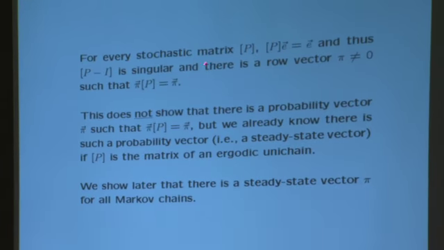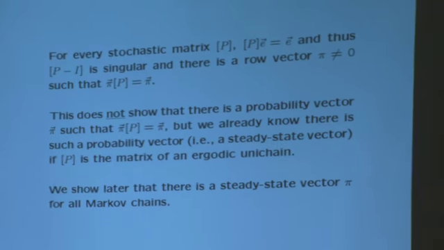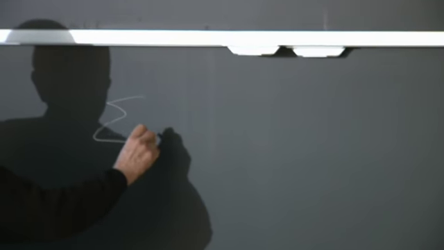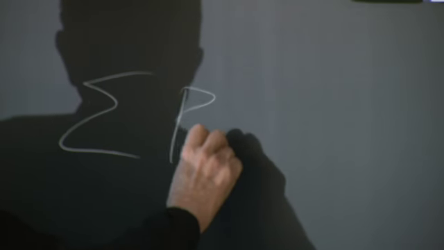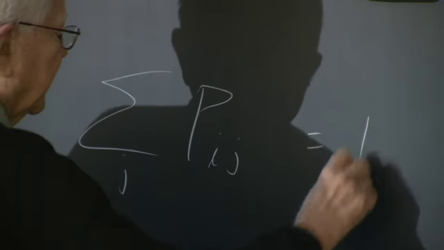It says for every stochastic matrix, now this is something new. For every stochastic matrix, P times E is equal to E. Obviously, because if you sum up the sum of P_ij over j is equal to 1.